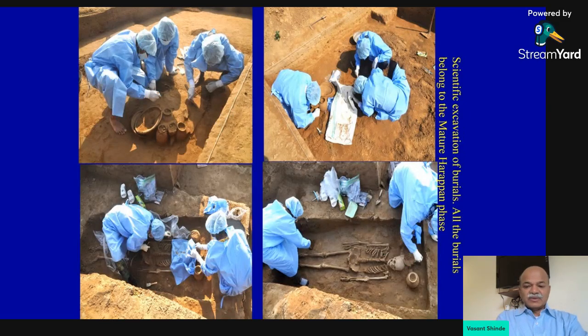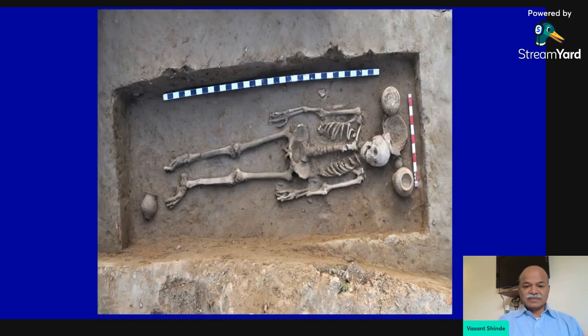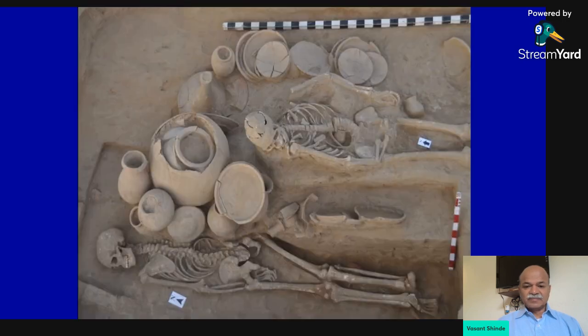By taking this precaution, we excavated the burials. Also, the sampling was done. This is the kind of data that we find, so this data is very important. We found a lot of excavated burials, and the status of the person varies from burial to burial.